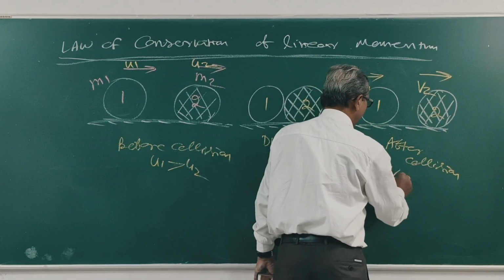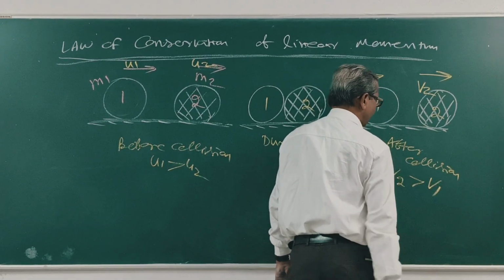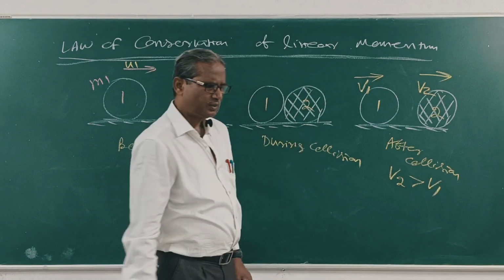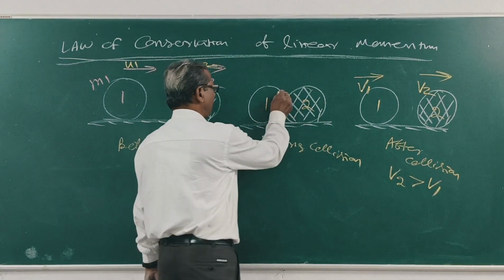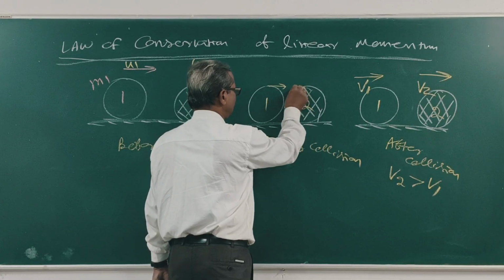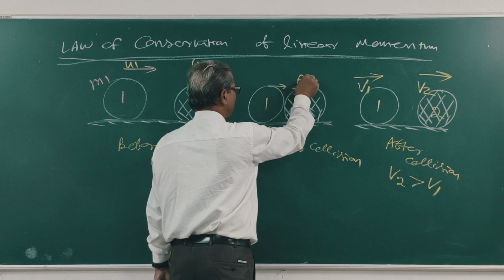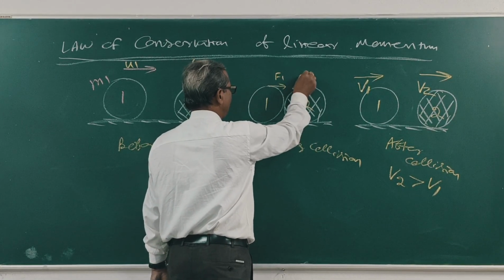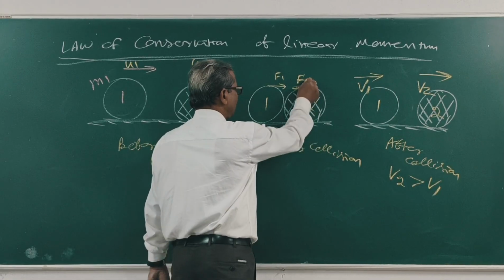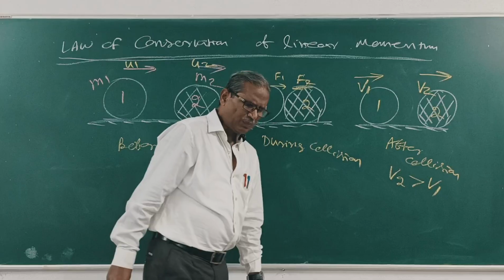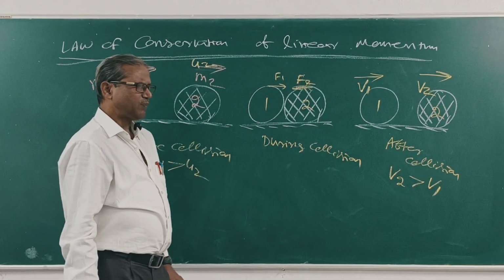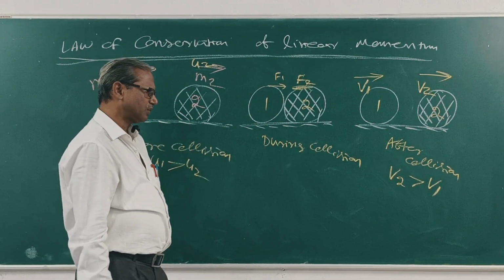Here, after collision, V2 is more than V1. Clear? This is action F1, this is reaction F2. Now, action plus reaction is equal to 0, F1 plus F2 is equal to 0.